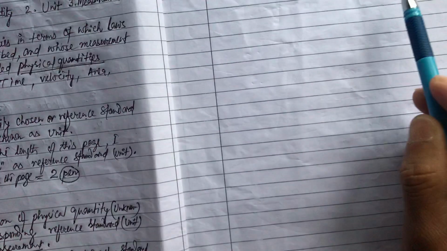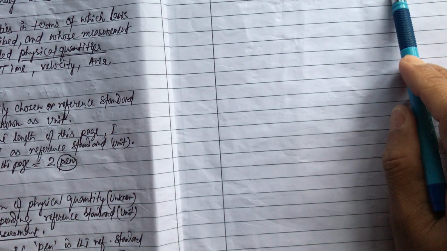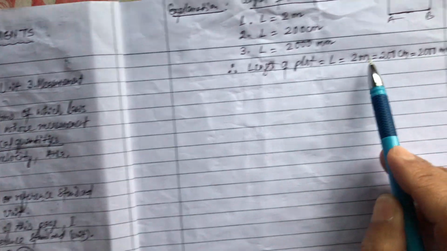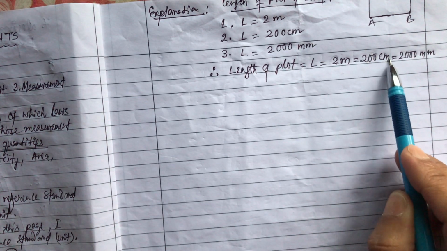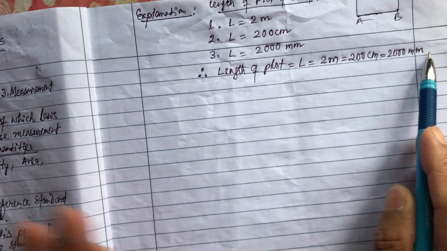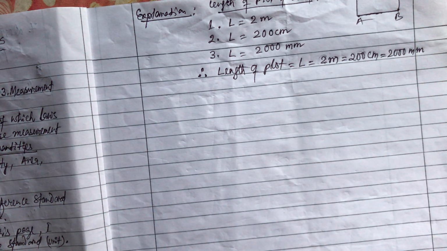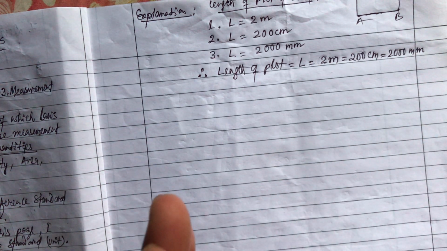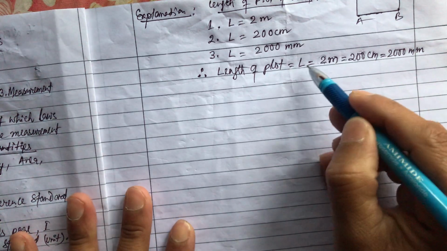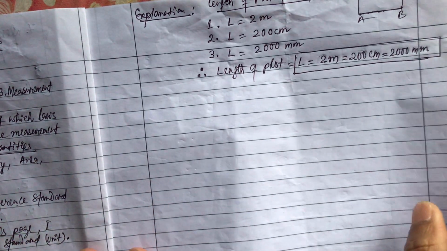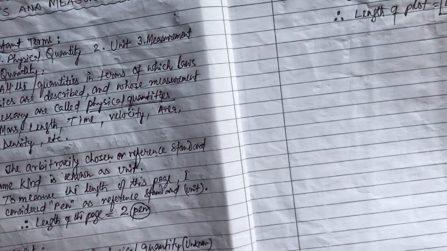This is n1, this is u1, this is n2, this is u2, this is n3, this is u3. So the same physical quantity is measured using different forms of that reference standard unit. This is what I called Q equal to n1 u1 equal to n2 u2.